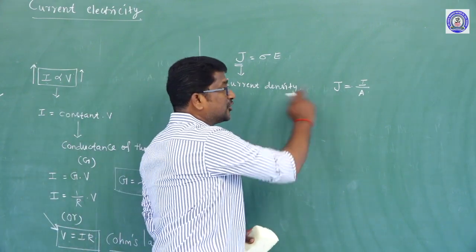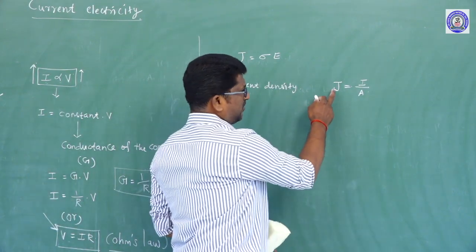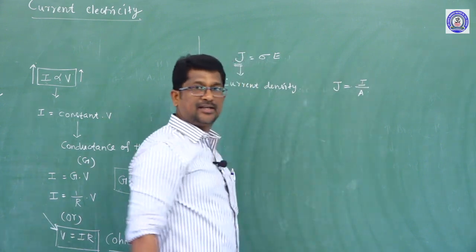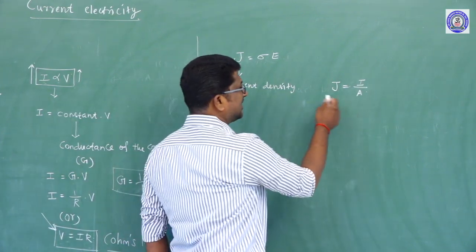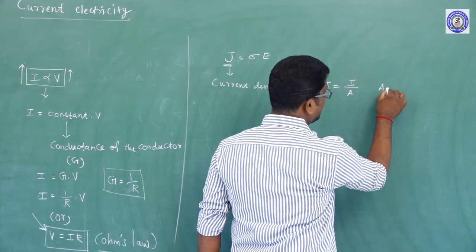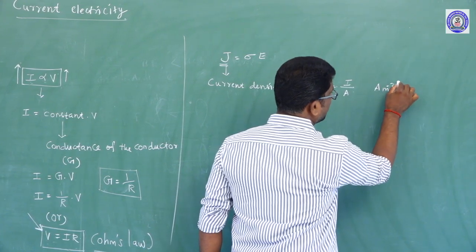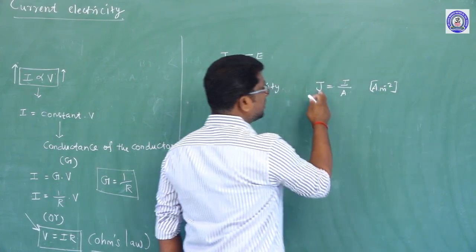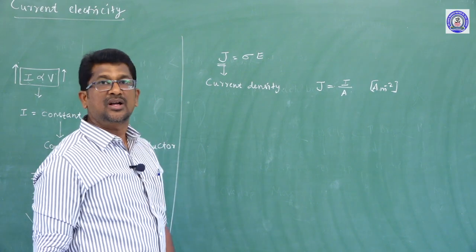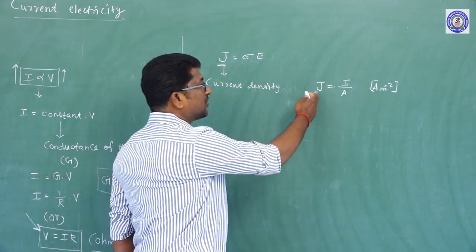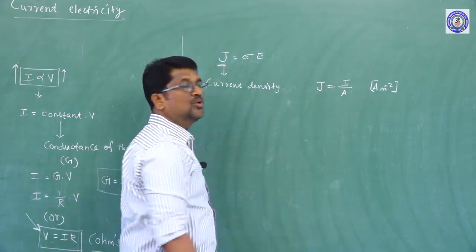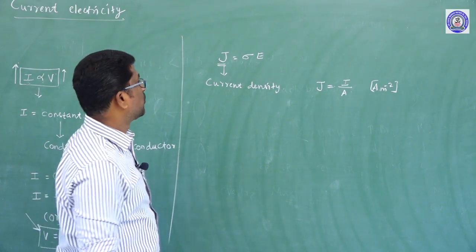Current density is denoted by J. It is given by the formula J is equal to I divided by A. Its unit is ampere meter power minus 2. The equation of current density is J is equal to I divided by A, right.